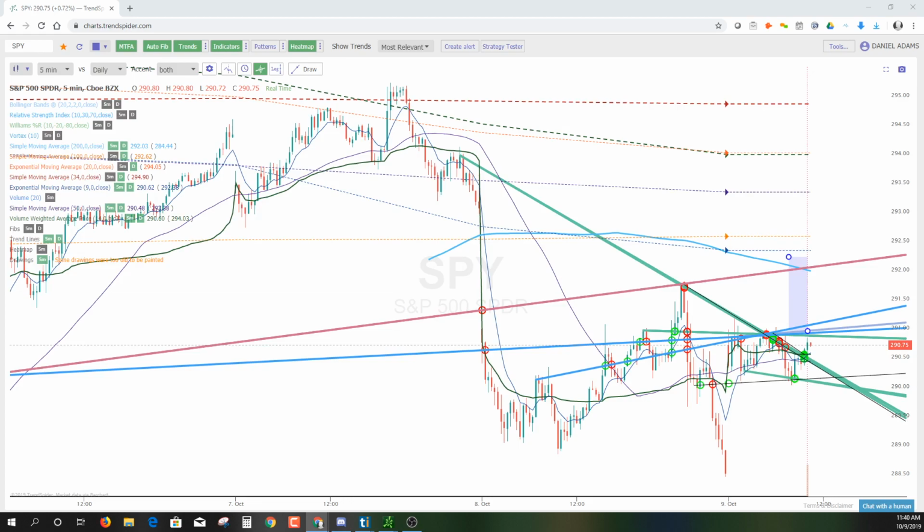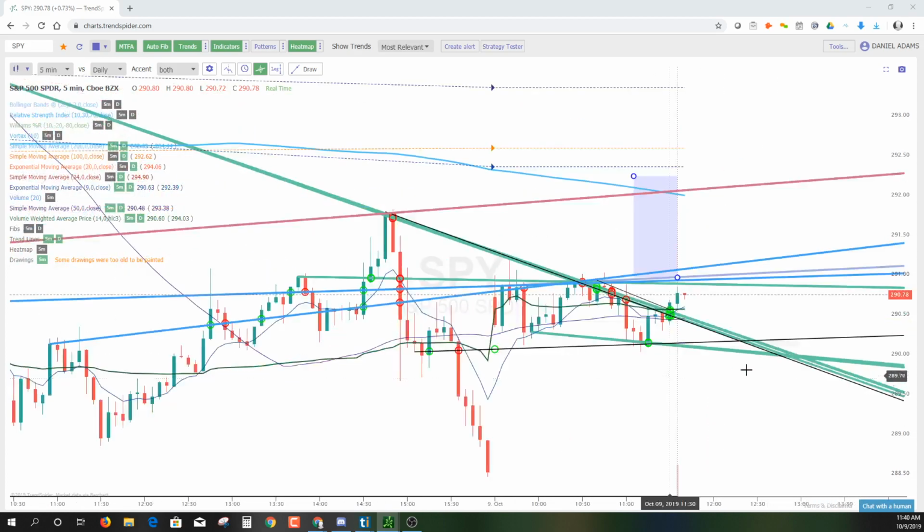Not seeing too much action or volatility yet. TVIX bouncing back to that 9 EMA 1 minute.